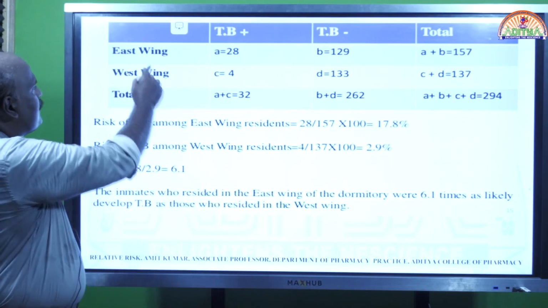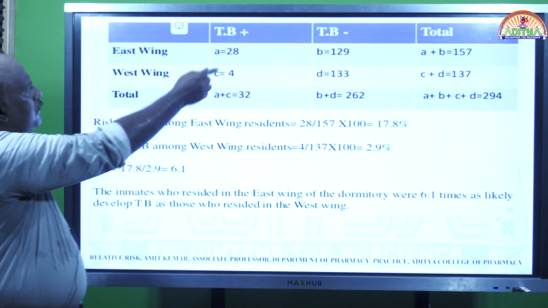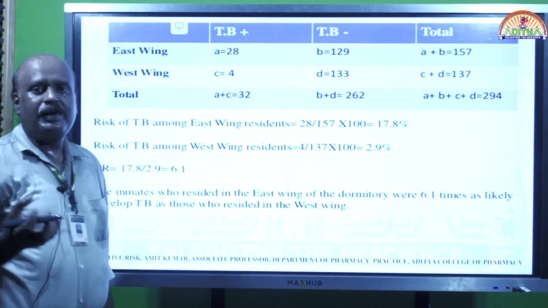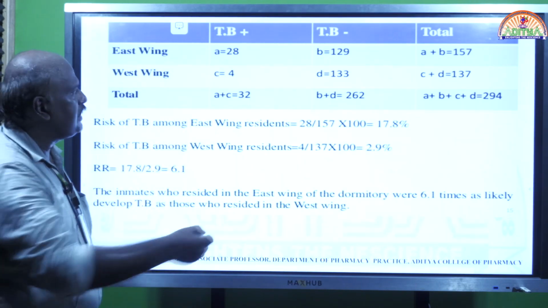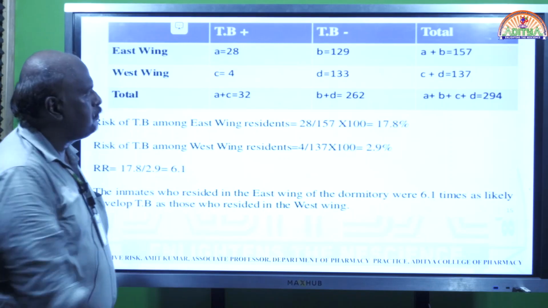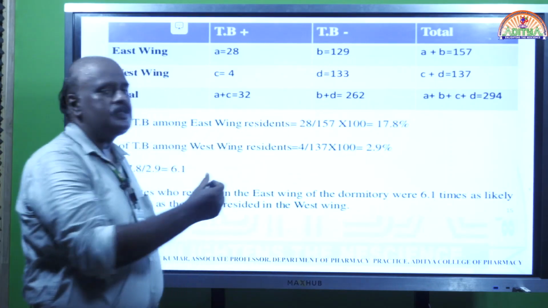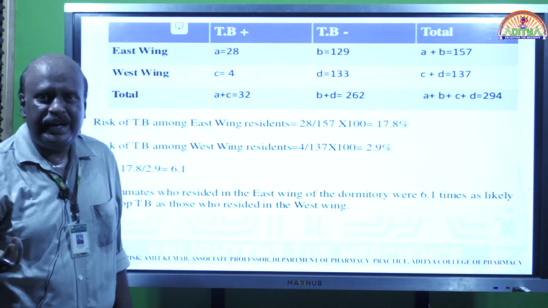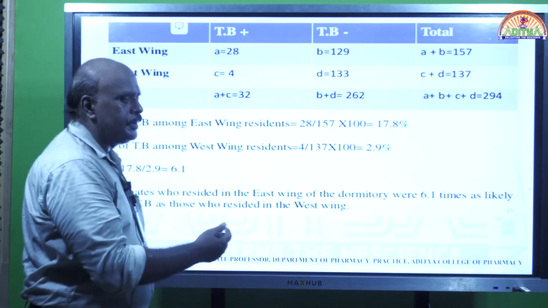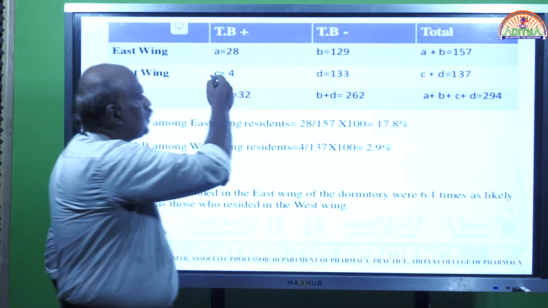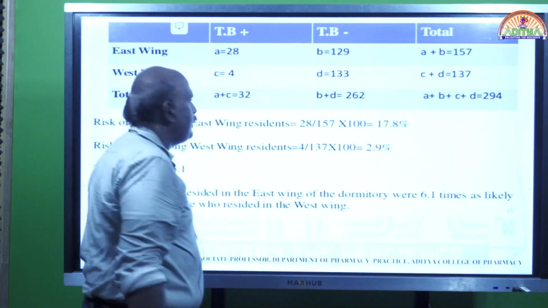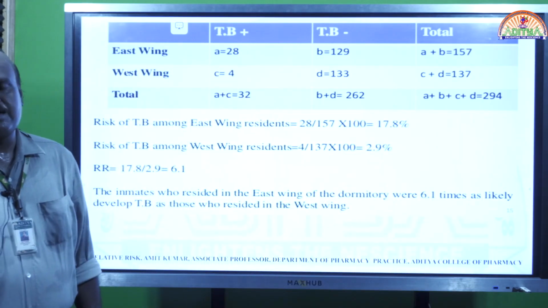In the east wing, A is the number of people who got TB, which is given as 28, whereas B is the number of people who do not have TB. A plus B is the total population of the east wing, which is 157.